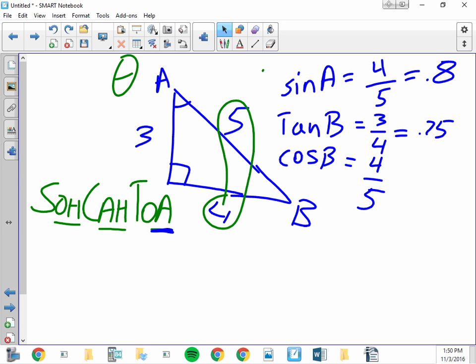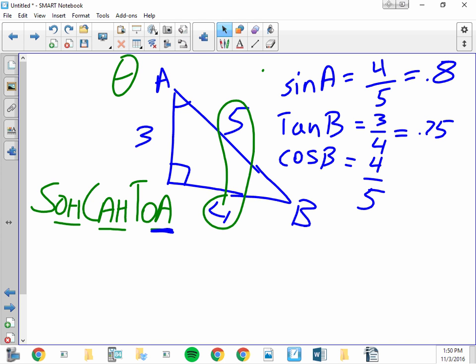But if I put theta up here, A over H is still 4/5. The reason is the opposite side for A is exactly the same as the adjacent side for B. So that's something that you want to remember. The sine of A is always going to be equal to the cosine of B. They're the same thing. If you move theta, then the O and the A switch.